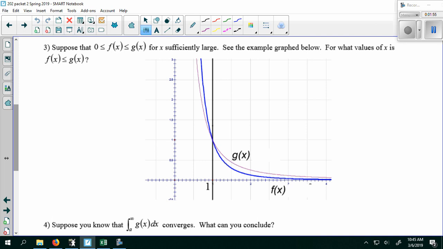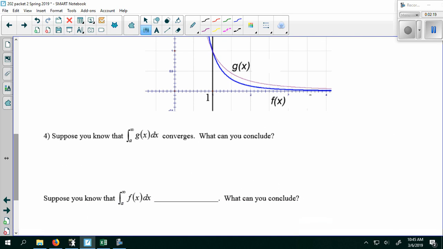After 1, yeah. After x equals 1, the graph of f is below the graph of g. So if I wanted to solve this inequality, f is lower than g, the y values of f are smaller than the y values of g when x is bigger than or equal to 1. At 1, they're equal, and then after that, f is always smaller than g.